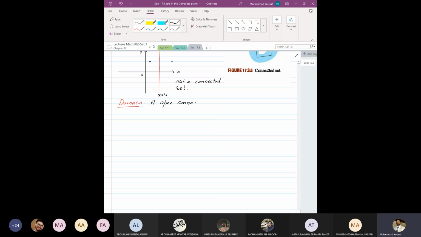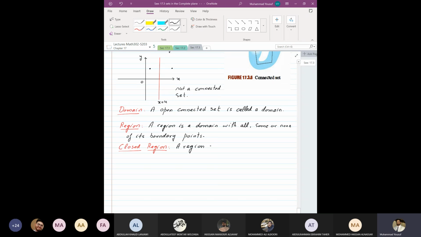If it contains no boundary point, then it is a domain or open region. If it contains all its boundary points, then it is a closed region, a region containing all its boundary points.